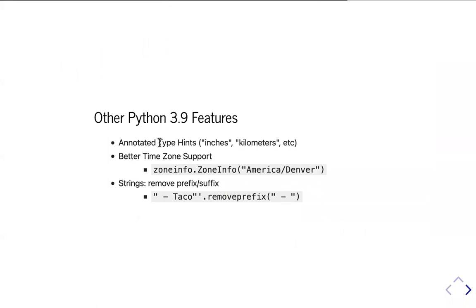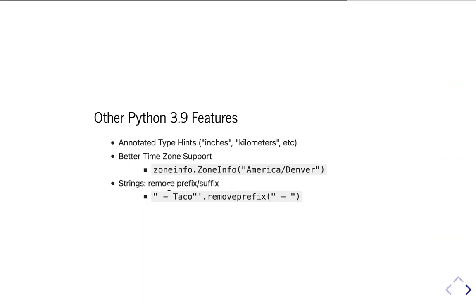All right, so other Python 3.9 features are annotated type hints. So if you didn't think type hints were already annotated, you can specify the different units in the metadata for a type. There's better time zone info. Now instead of having to deal with all these datetime things, you just have a zone info class, and you can give it a predefined string, and it will grab that zone info.